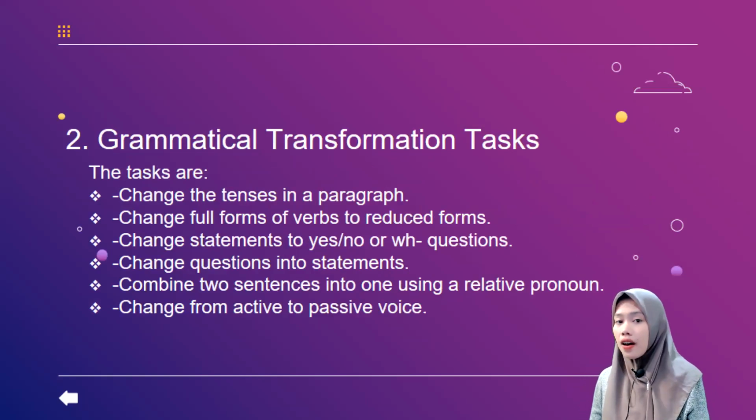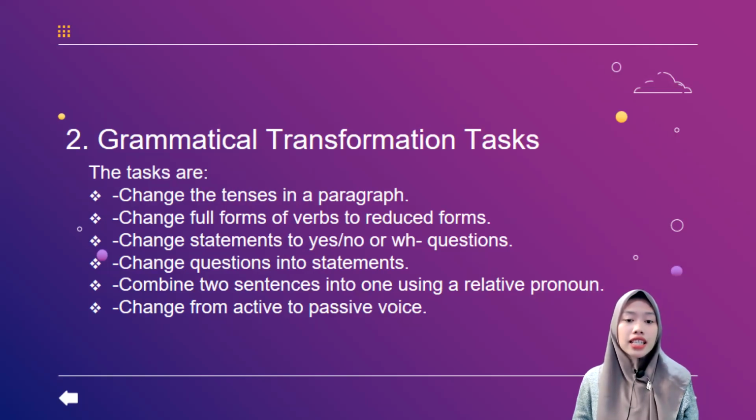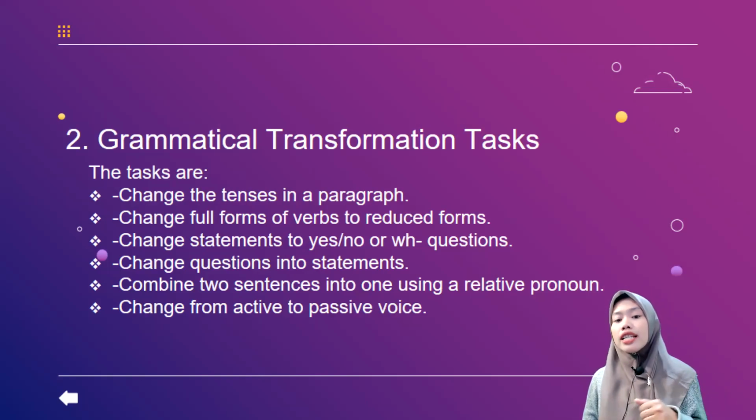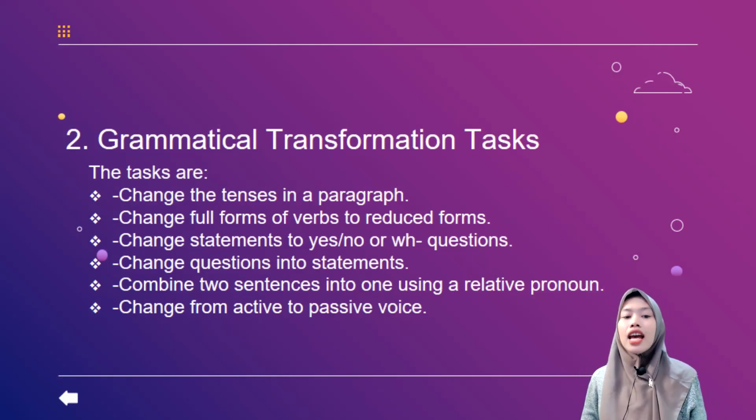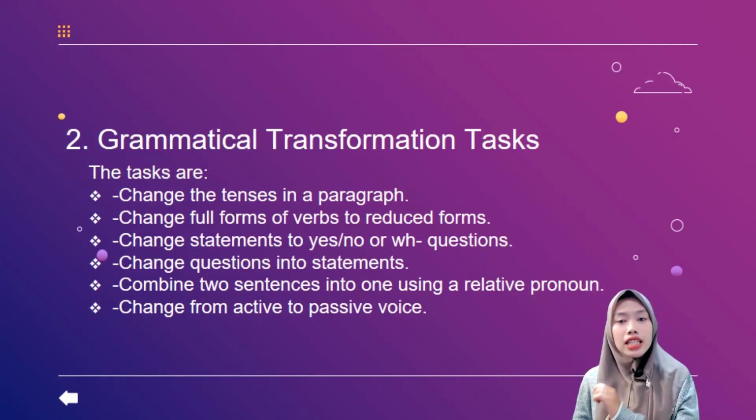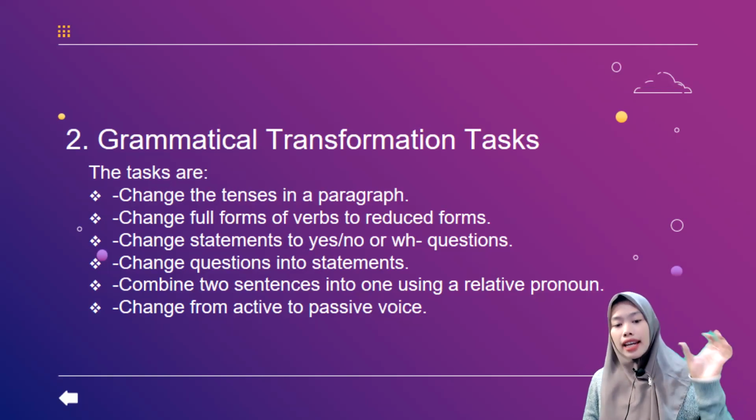The tasks are: change the tenses in a paragraph, change full forms of verbs to reduced forms, change statements to yes/no or WH questions, change questions into statements, combine two sentences into one using a relative pronoun, and change from active to passive voice.